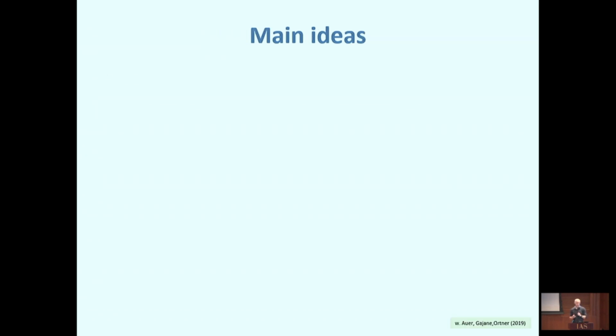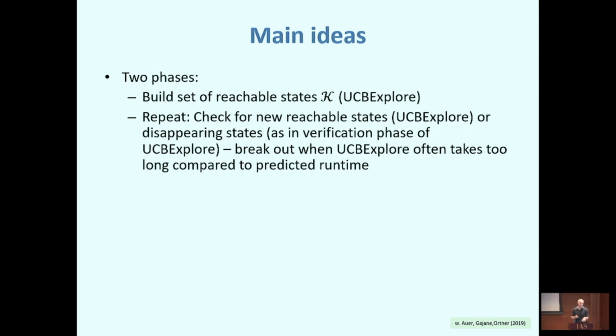Okay, so how can we do this? Well, there are some difficulties that we are going to face. We want to recycle the previous algorithm. So you take the previous algorithm, and it starts to build a set of reachable states. As it does this, things may change underneath it. But let's say, to keep it simple, that didn't happen.